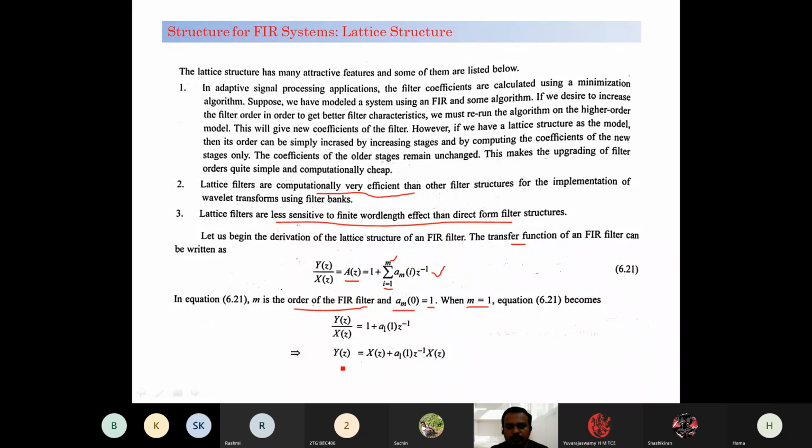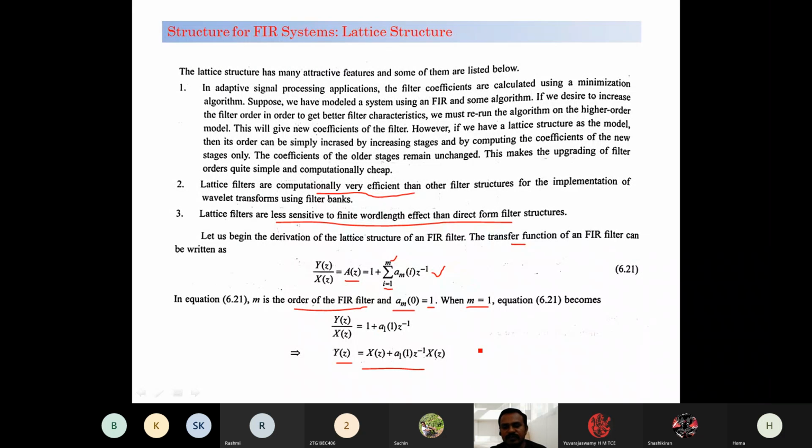So if you take only the output, Y(z) is a function of the input with coefficients, given by X(z) plus a_1(1) z inverse times X(z). So if m equals 1, the order of the FIR filter is 1.